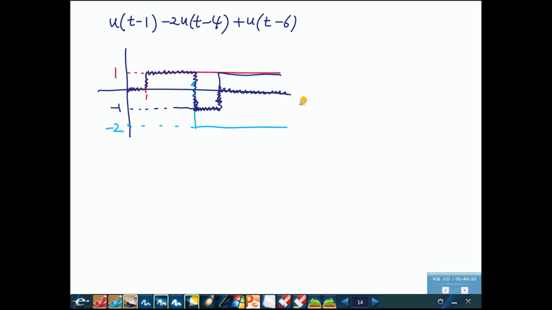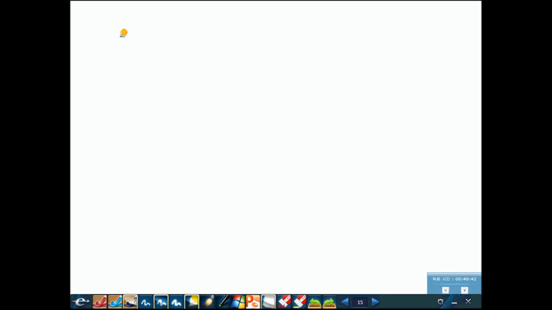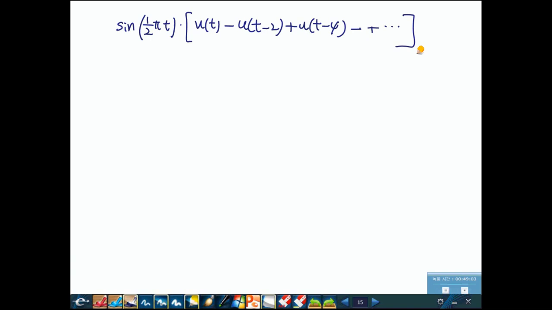So this wiggly shape is the function given by this. What about sine of 1 over 2 pi t times u of t minus u of t minus 2 plus u of t minus 4 minus and so on? We have this.